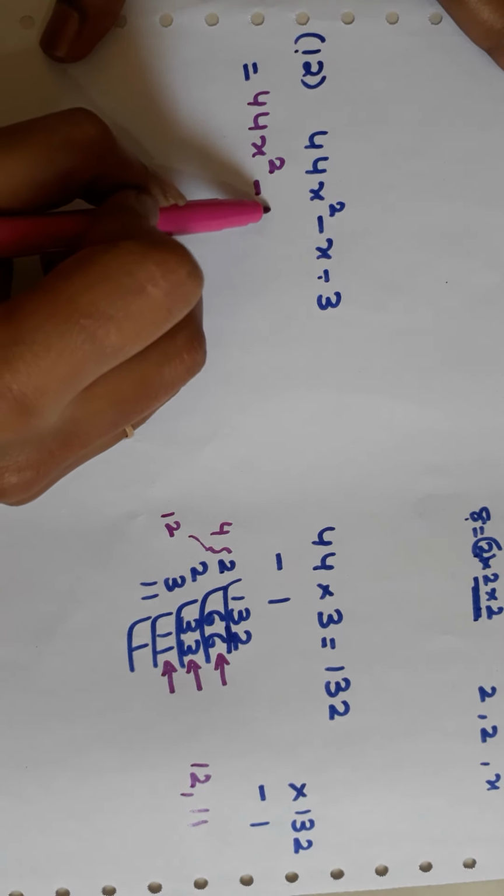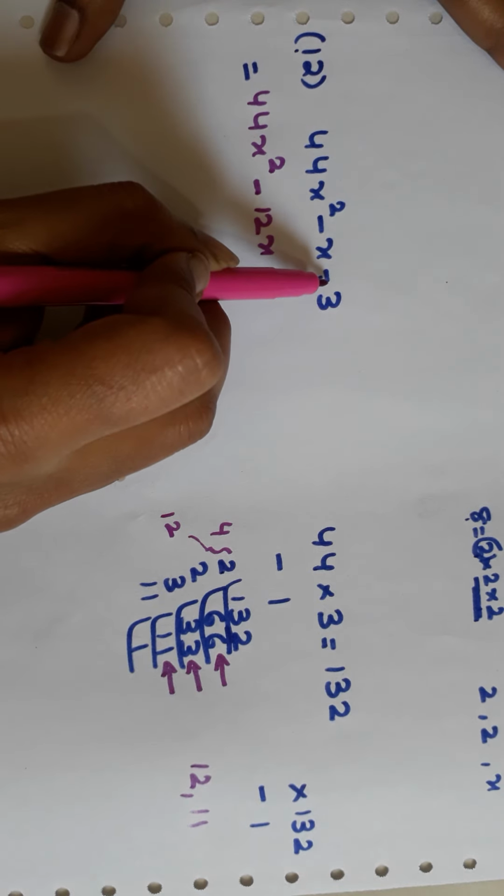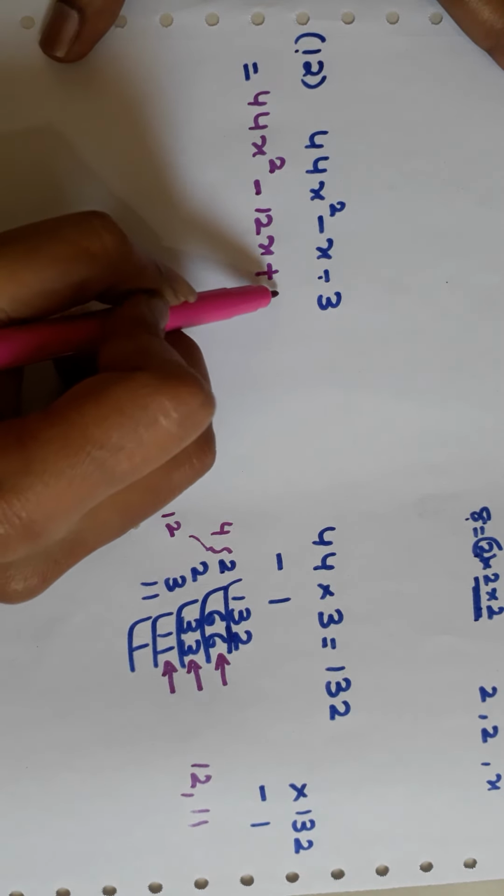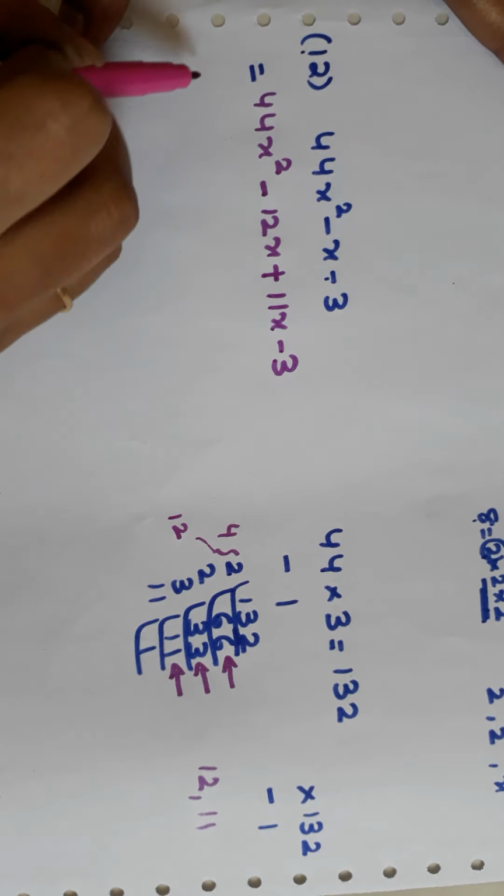Split the middle term: 12x minus, minus into plus, 11x minus 3.